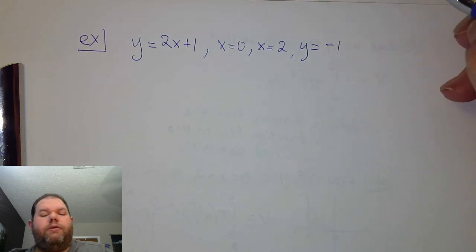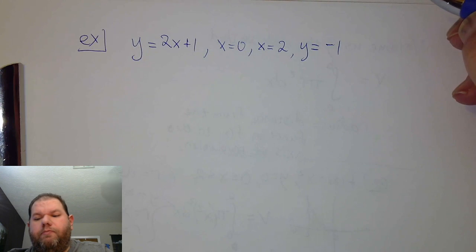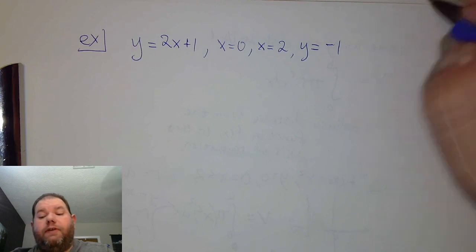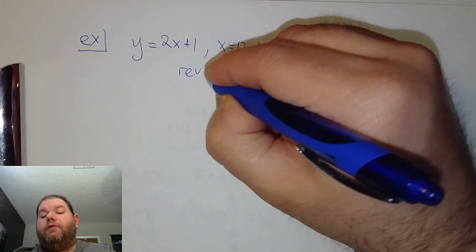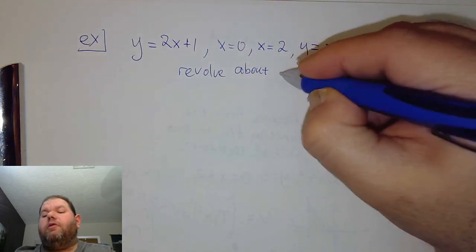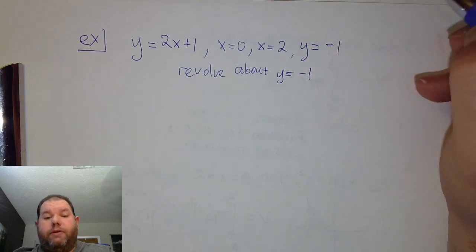Let's go ahead and say y equals negative 1 is the lower boundary. And we want to revolve this about y equals negative 1.